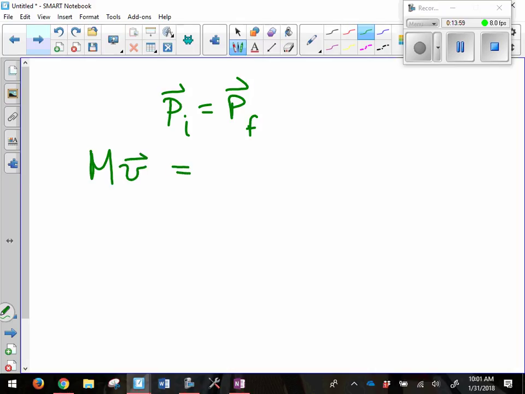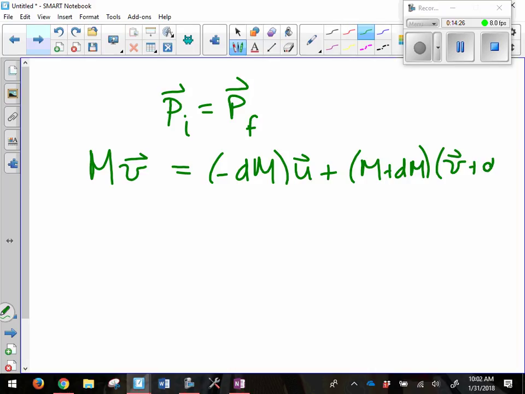Please be careful and mindful of your V's and U's and make sure you make them differently. And then I'm going to have the mass of my exhaust times the speed of my exhaust plus the new mass of my rocket times the new speed of my rocket.